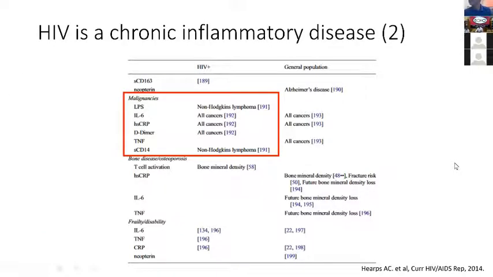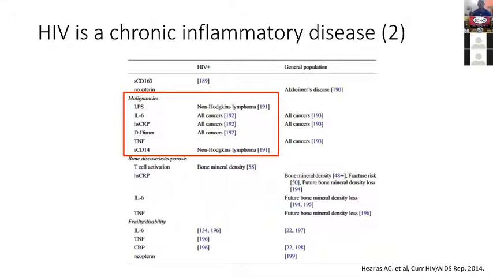And why is that important? So I draw your attention to the area outlined in the red square. A lot of those inflammatory markers that I pointed out just now: interleukin-6, high sensitivity CRP, D-dimer, soluble CD14, which wasn't on the previous chart, and something called lipopolysaccharide.